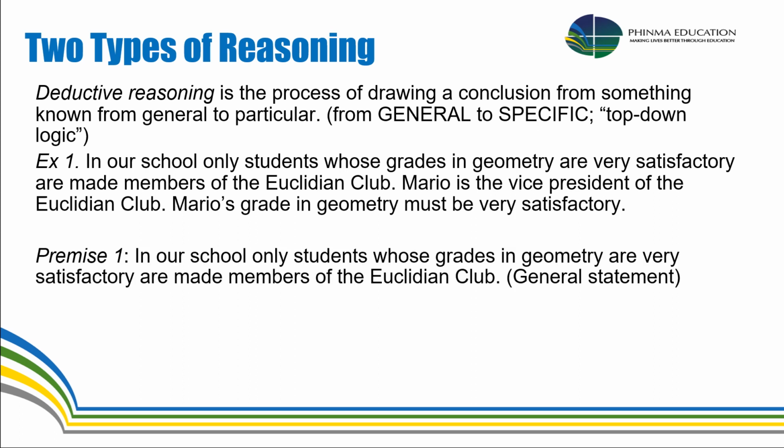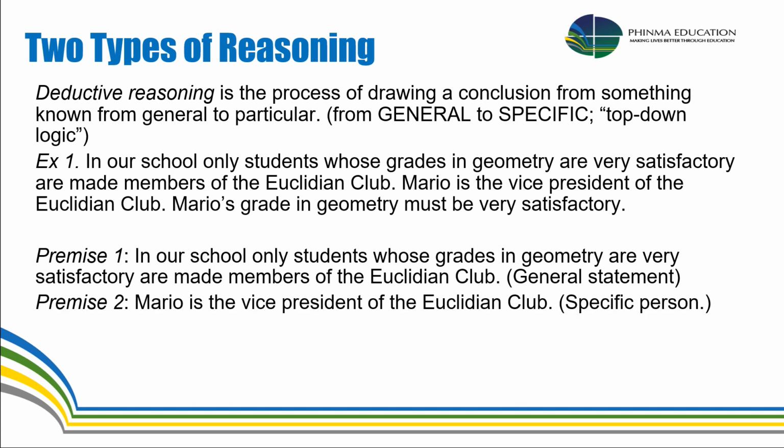So we have here premise number 1: in our school, only students whose grades in geometry are very satisfactory are made members of the Euclidean Club. This premise number 1 is our general statement. And we have premise number 2: Mario is the vice president of the Euclidean Club.